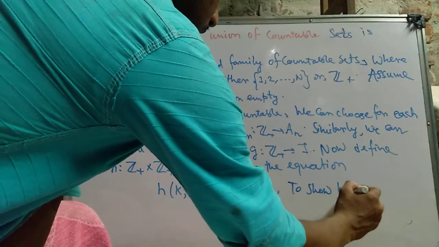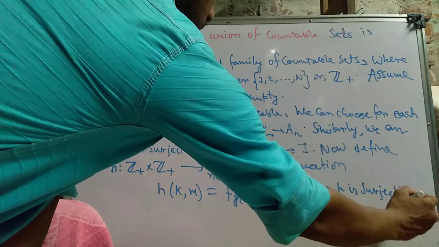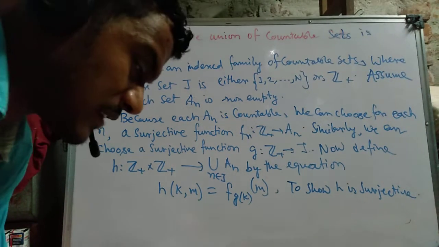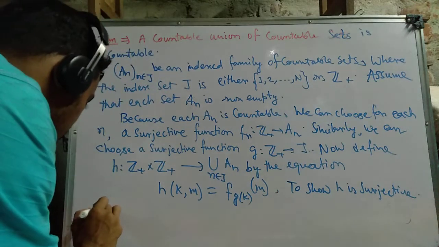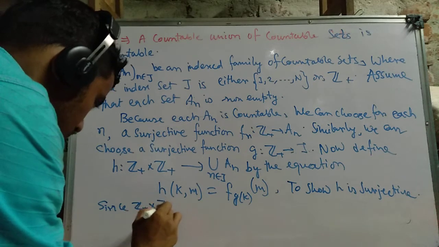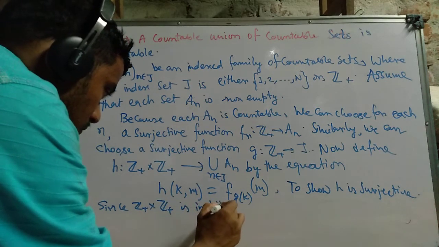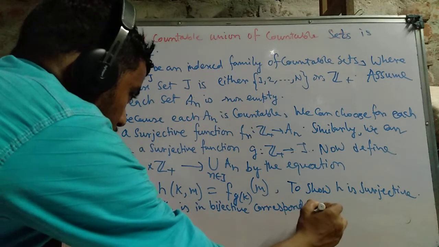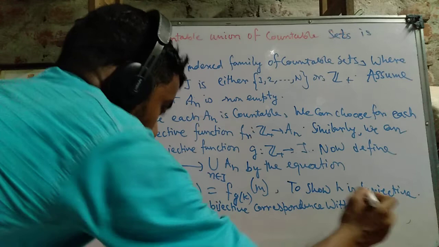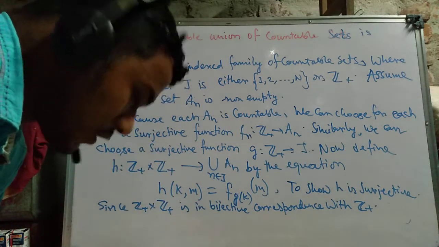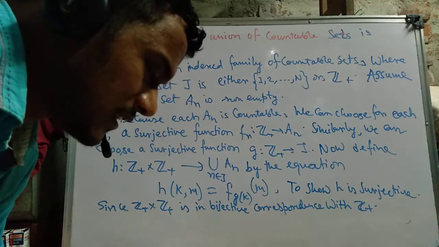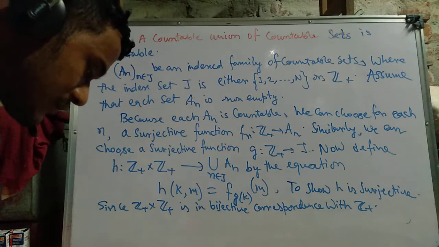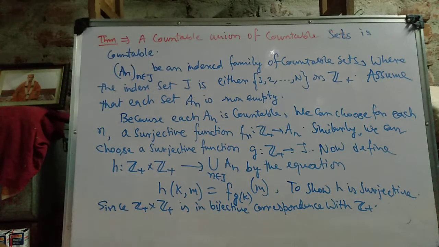To show H is surjective. Since Z plus Cartesian product Z plus is in bijective correspondence with Z plus, then the countability of the union follows from the theorem.